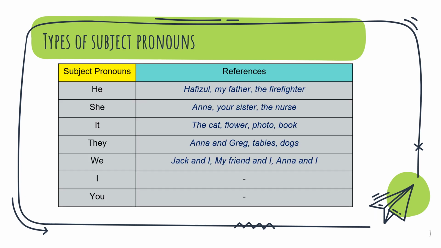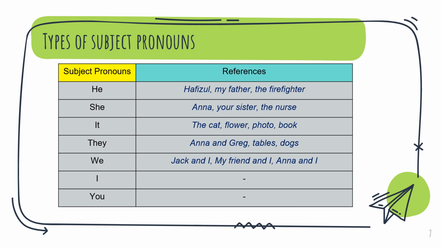Now, types of subject pronouns. Students, sometimes in sentences you might find a variety of sentence types. They might not use subject pronouns in the sentences. They can use references instead of subject pronouns.